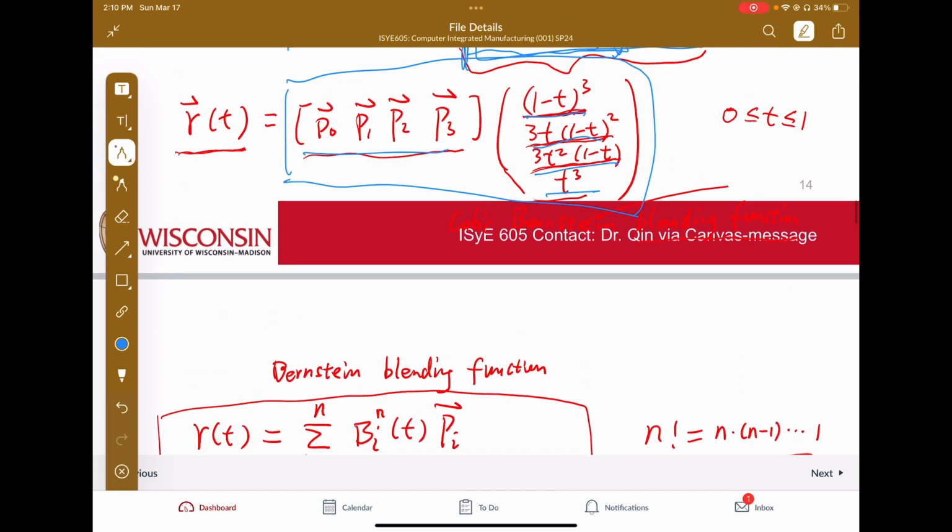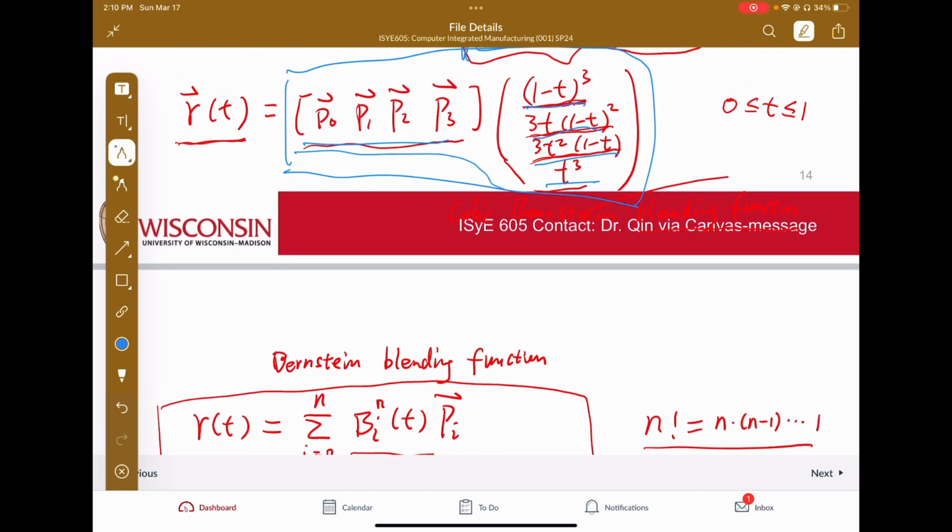So for the curve, you will find we have this, right? You change to another format, which will be (1 minus t) cubed equals to P0, right?